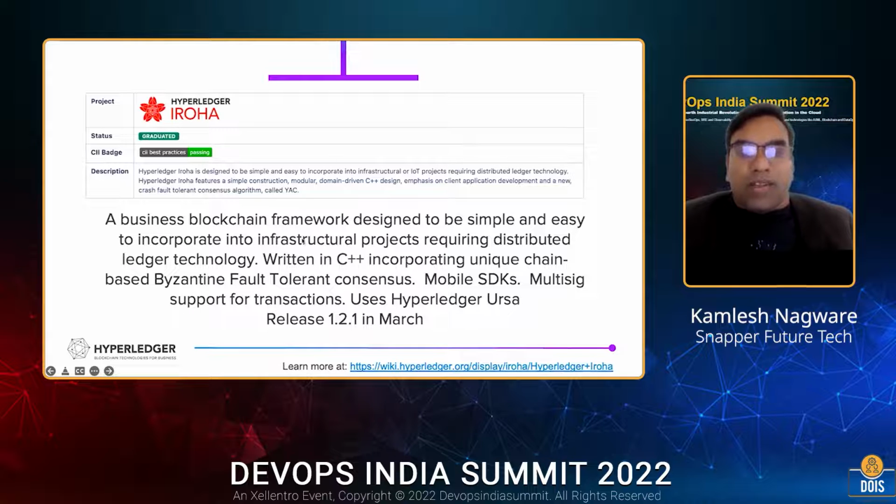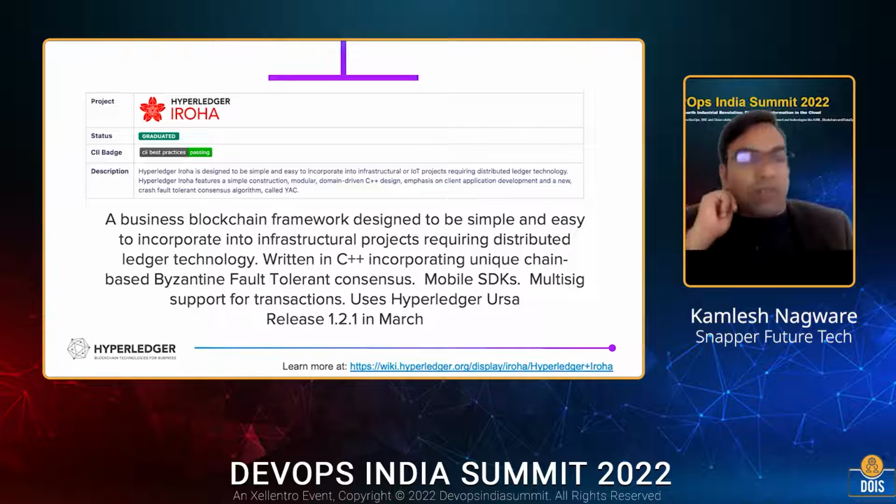Then Iroha is a very lightweight protocol to run blockchain code in mobile kinds of environments, because blockchain frameworks are generally very heavyweight compared to other applications, and this is written in C++. One thing you notice here is that blockchain is not specific to any language.